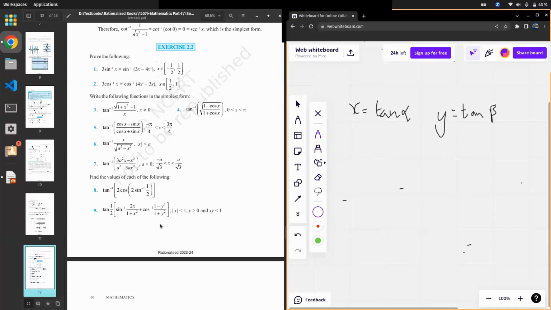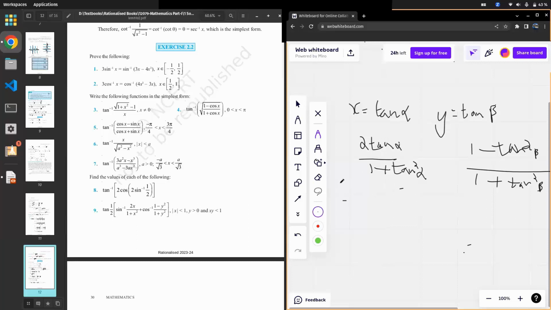So after substituting the values inside, we will get 2 tan alpha divided by 1 plus tan square alpha, and the right term will be 1 minus tan square beta by 1 plus tan square beta. So we'll multiply both the numerator and denominator with cos square alpha.